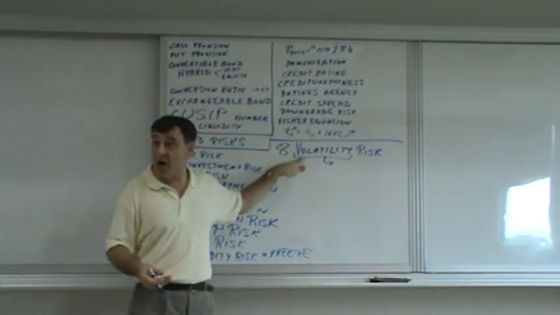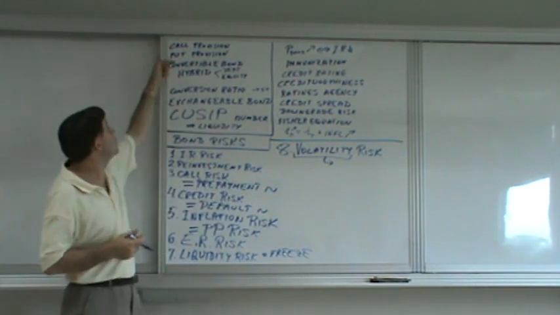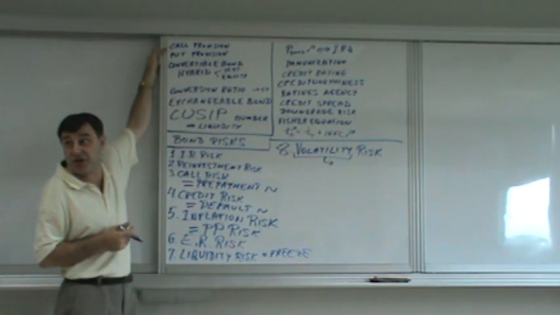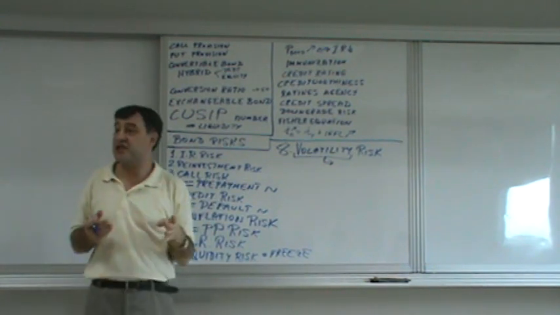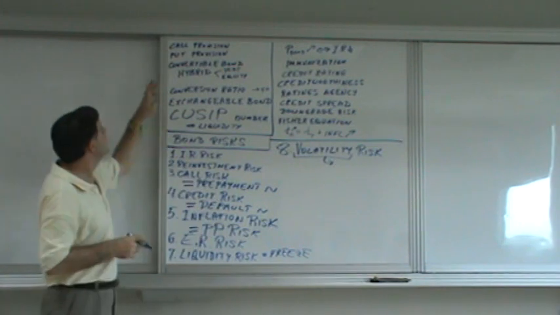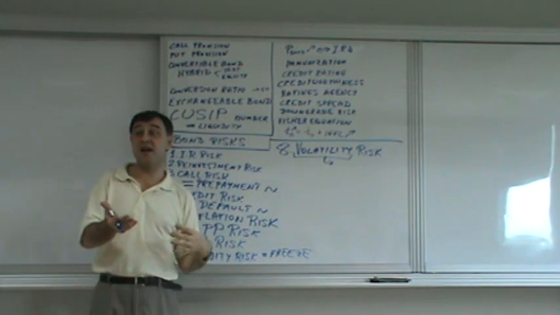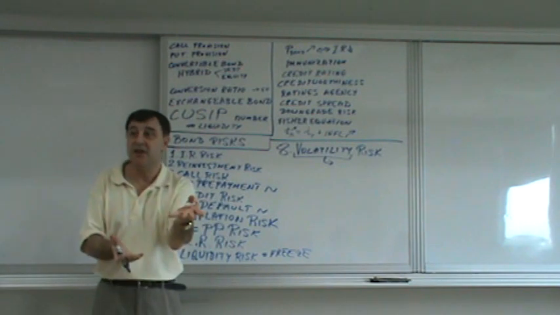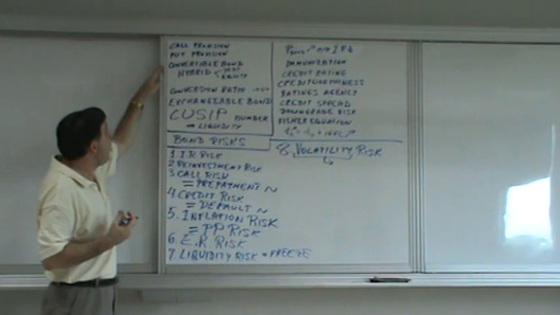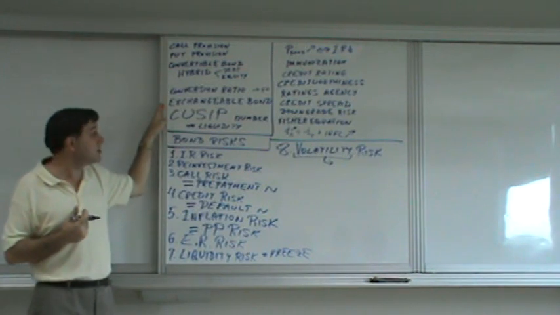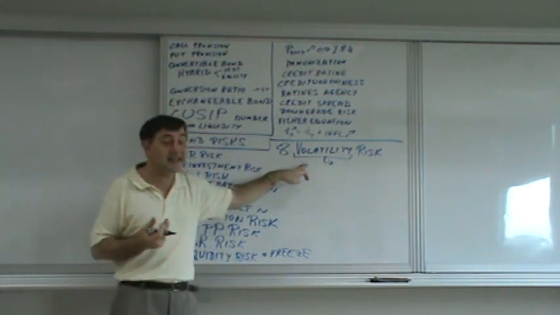So bonds have embedded options, which I was just teaching. They have a call provision, which is a call option. They have a put provision, which is a put option. A convertible bond is both at the same time a put on the bond and a call on the stock. All of these options will be valued based on some volatility.